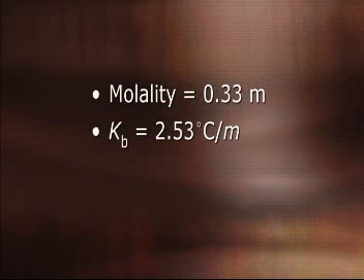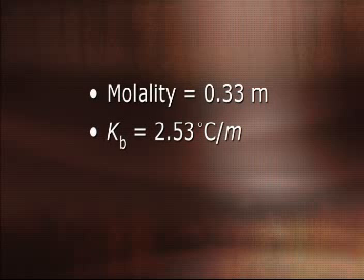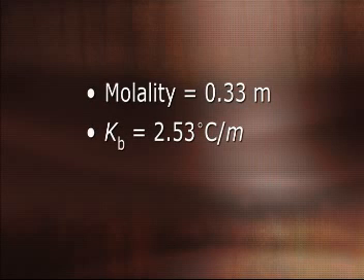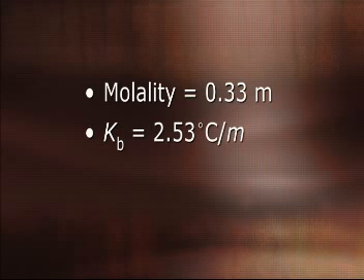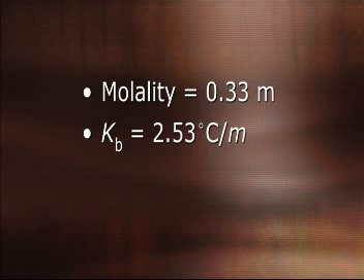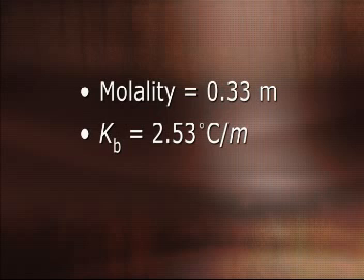Let us continue by learning how to calculate the boiling point of a solution when a certain amount of solute is added. We will calculate the boiling point of a 0.33 molal solution of a solute in benzene. If you remember from the chart we looked at, the molal boiling point elevation constant of benzene is 2.53 degrees Celsius per molal.